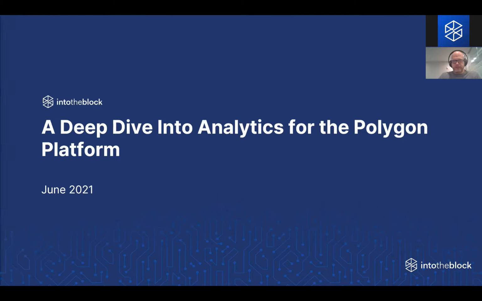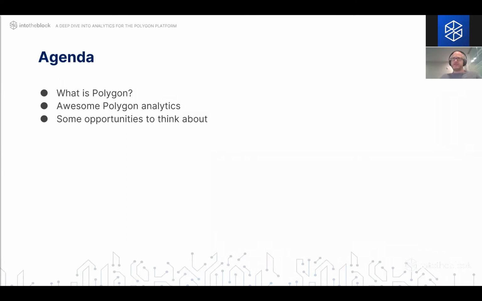about Polygon. The agenda is fundamentally simple. We're going to give a very basic introduction to Polygon and the Polygon architecture. We're going to show you some very interesting Polygon analytics that hopefully will provide a data-centric perspective into the adoption of this new runtime.